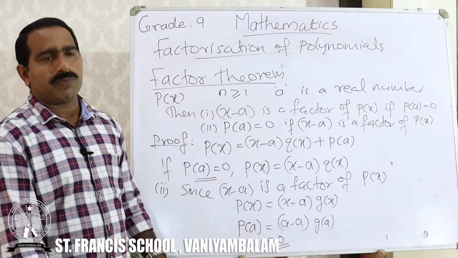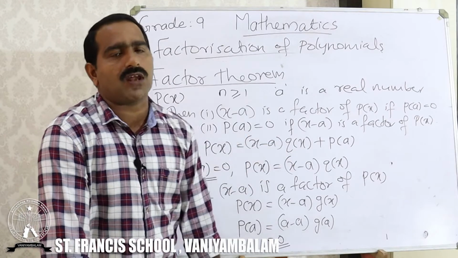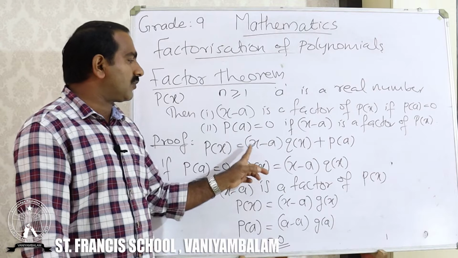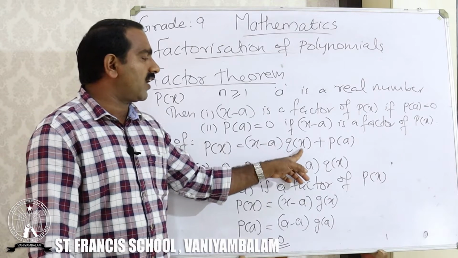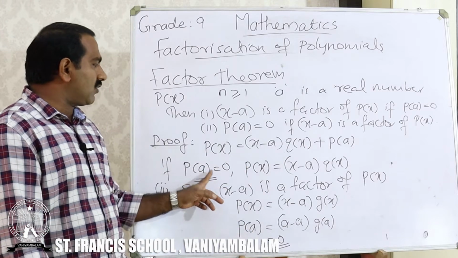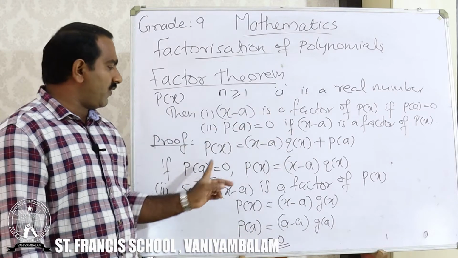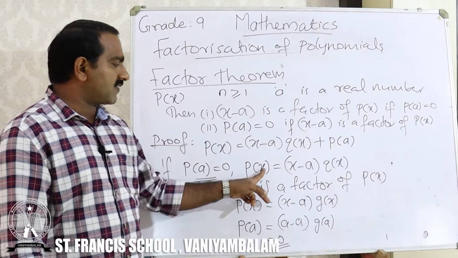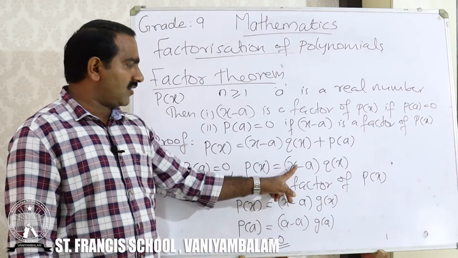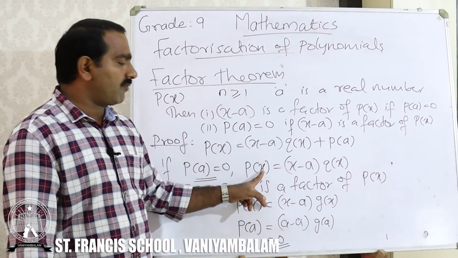Proof. We are going to prove it with the help of the remainder theorem. Firstly, by the remainder theorem, P of x equals x minus a into q of x plus P of a. If P of a equals 0, then P of x equals x minus a into q of x, which shows that x minus a is a factor of P of x.